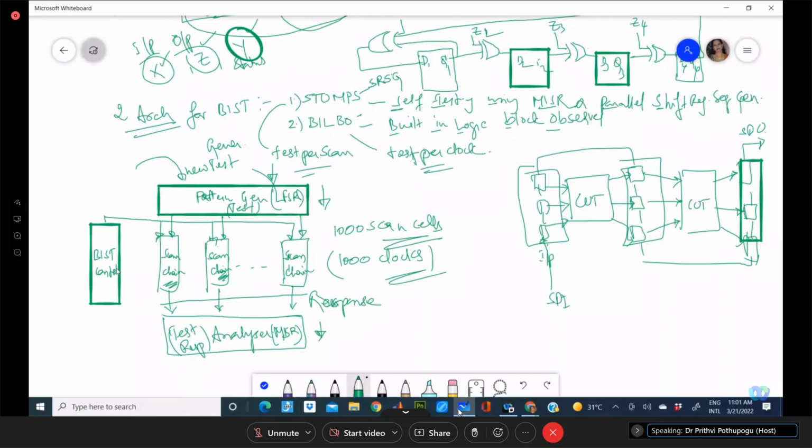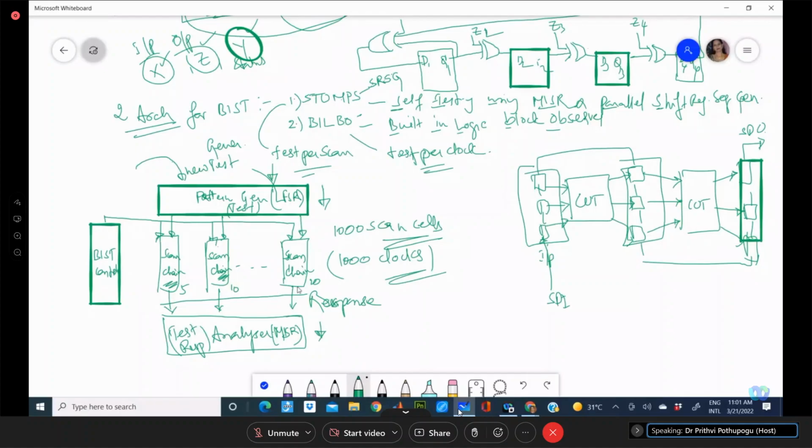Now, the number of clocks required will be equal to the longest scan chain. Longest means something like this. See, here I have 5, here I have 10, here I have 20. This is the longest chain.